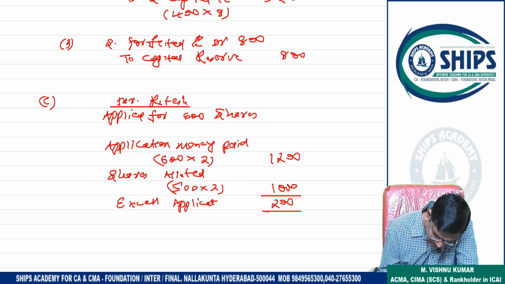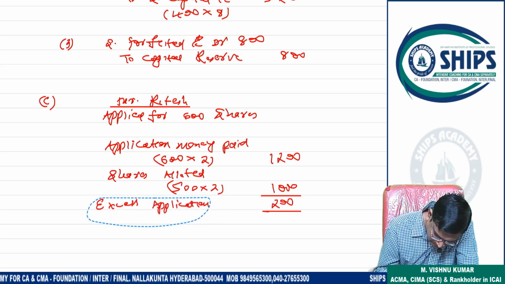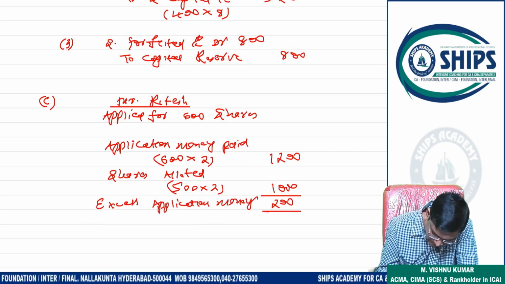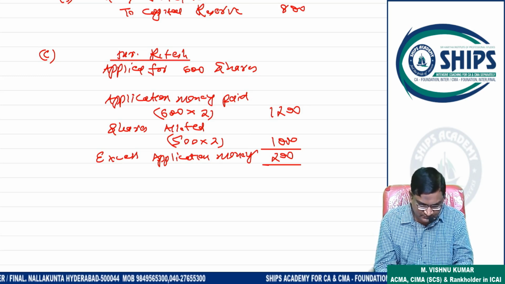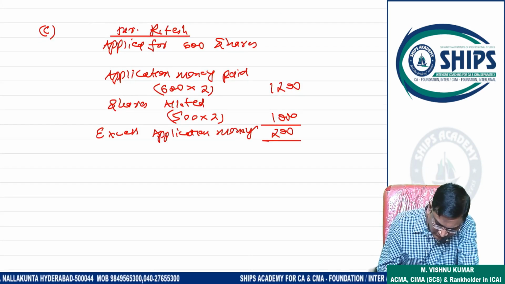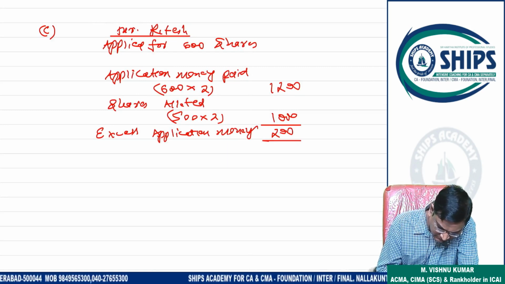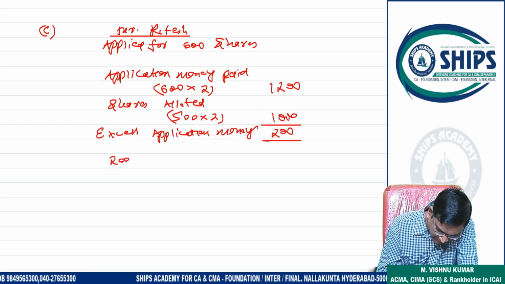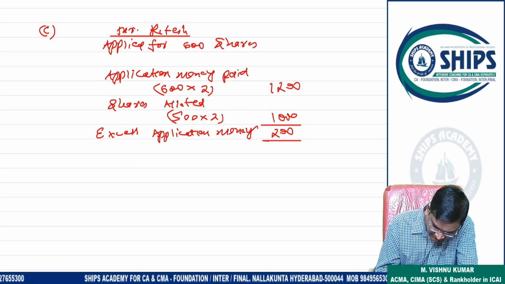Excess application money. Okay, excess application money, right? Yes sir. 200. Okay. Now this is excess application money. 1200 he paid, 1000 adjusted, so 200 excess application money.